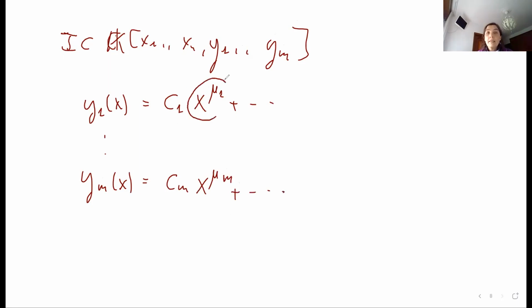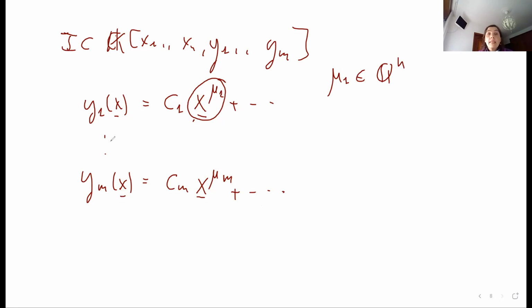Now here, mu1 is a vector in Q^n, because I am writing now x as vectors. When do I have a solution?